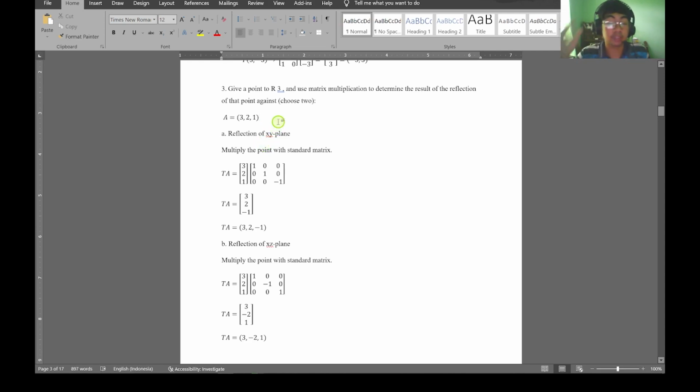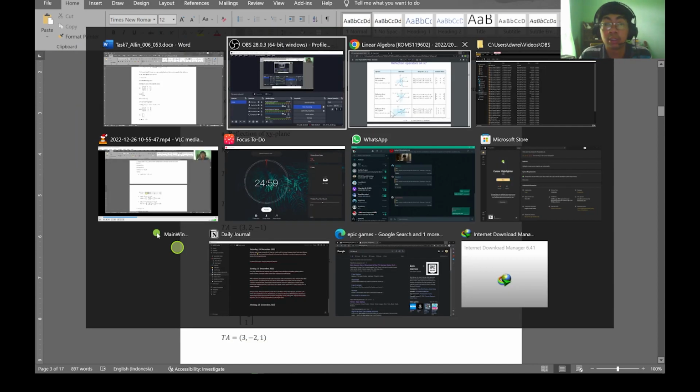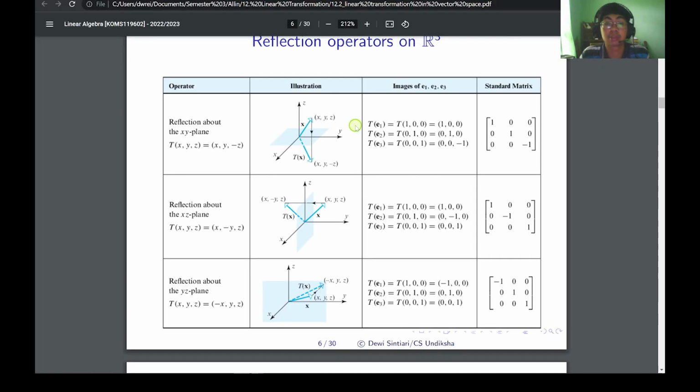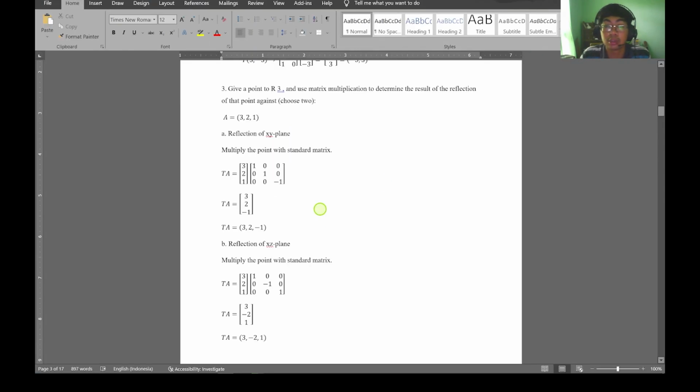Same as number 2, we multiply the point with the standard matrix. The standard matrix for the xy plane is 1 0 0, 0 1 0, 0 0 minus 1. We need to multiply it.